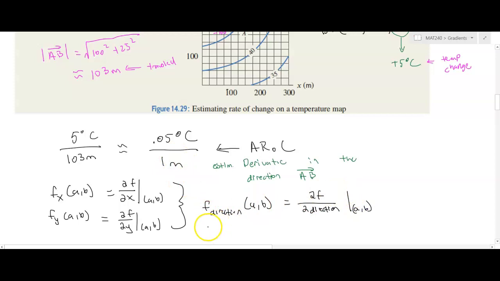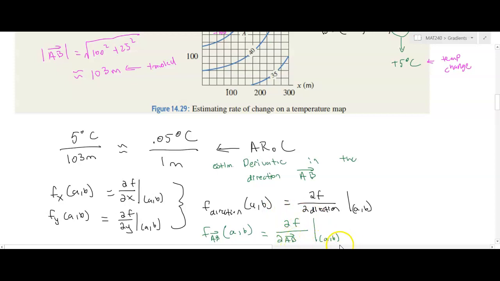Okay, well, our direction, in this case, was AB. So if we write f sub vector AB, that's similar to our notation in our previous example, where we're saying the rate of change of temperature per unit change in the direction of the vector AB, at some point little a comma little b, is the rate of change in temperature per change in the direction of AB, standing at the point little a, little b.